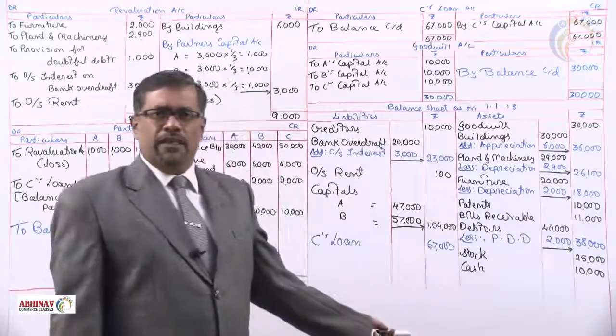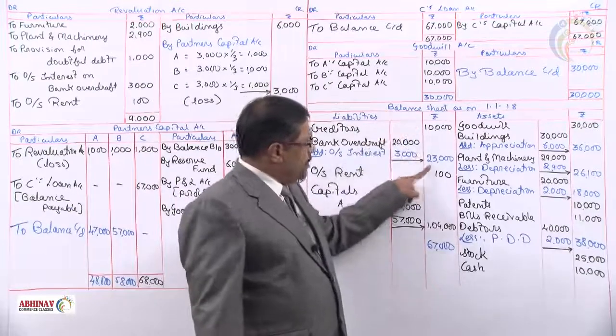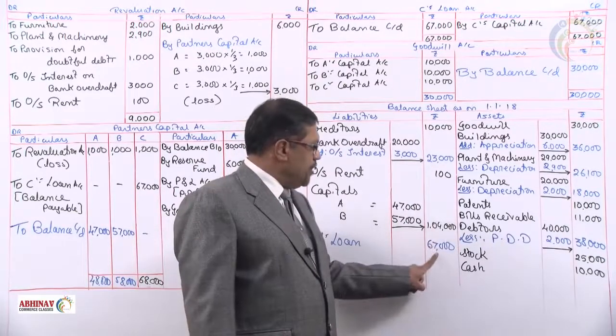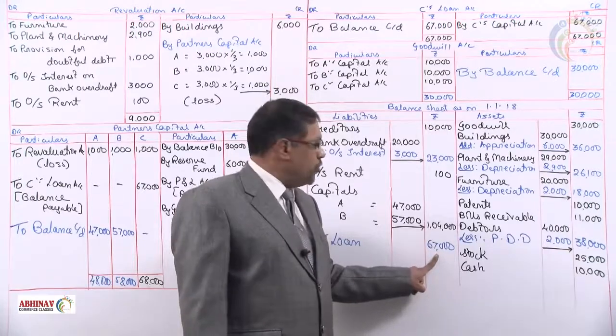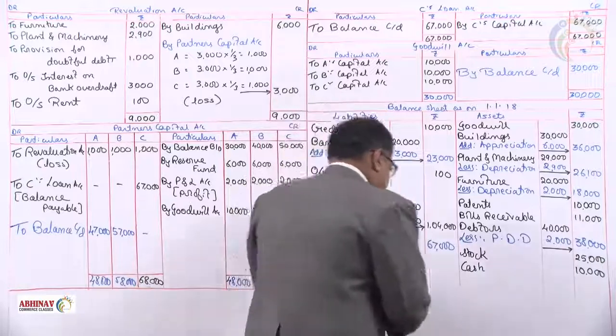Let's total the balance sheet. It should tally. Let's see. This is 10 and 23, 33, plus 1,04,000 is 1,37,000. 1,37,000 and the 67 is 2,04,000, 2,04,100.